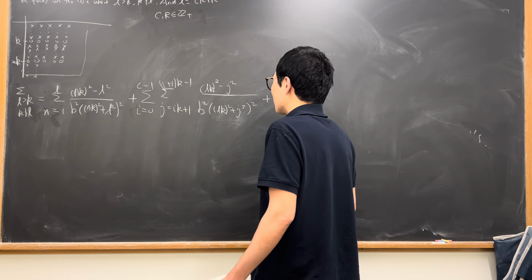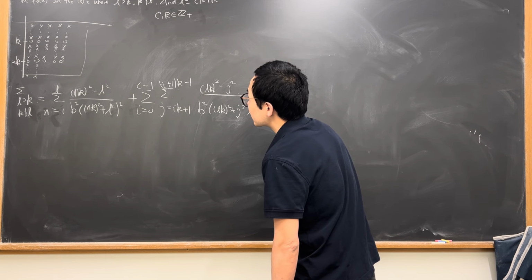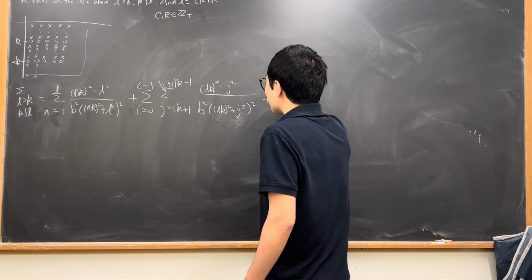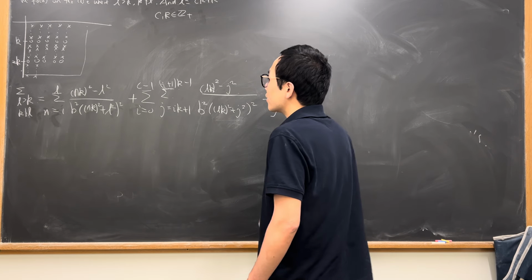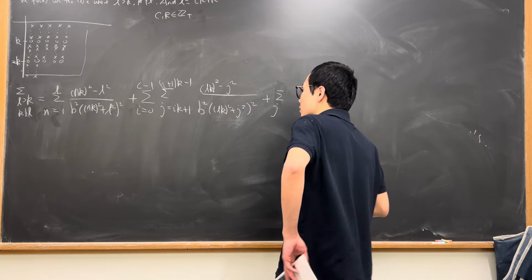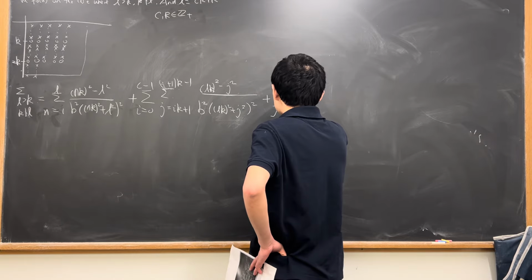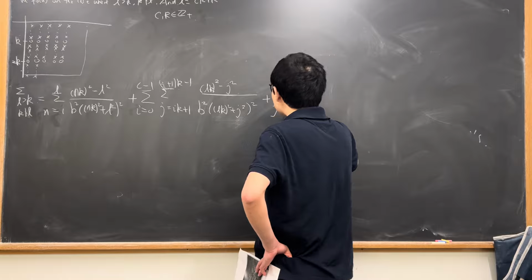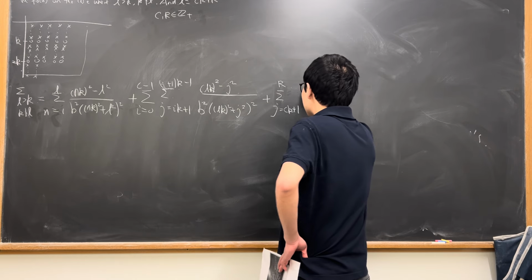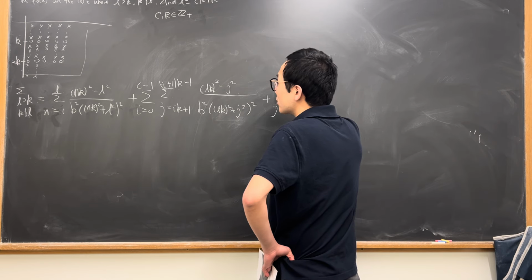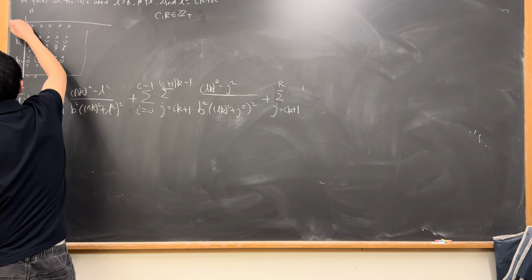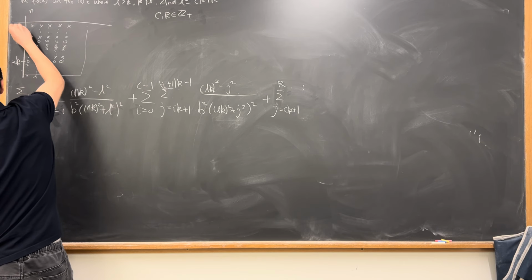When we start with the last one, we just start with j, where j goes from the last count, which is ck plus 1, and then all the way through the remainder r. And similarly, this is like the n, and then this is like the m. Sorry, this is like the j.